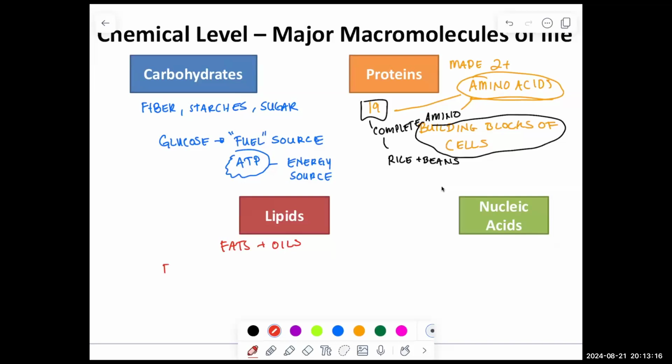These can also be converted to a fuel source, right? We can burn fat. We break it down into fatty acids, which we're eventually going to turn into ATP. This is a slow fuel source. So it takes a while to burn the fat away from our cells. It takes time.